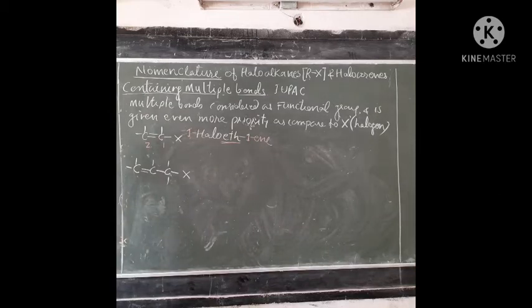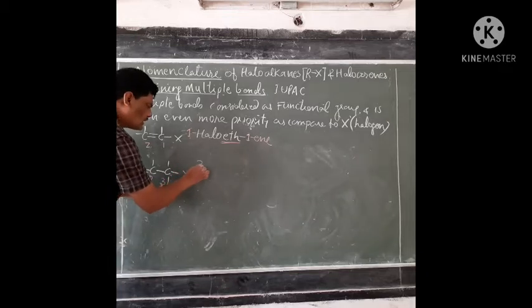Now if we start numbering from this side, it would seem that the halogen is given more priority, but actually we have to give priority in numbering the carbon atoms of the main chain from the position where the double bond is nearer. That is, we start numbering from the side where the double bond is nearer. So this is 1, this is 2, and this is 3. So now what is the name?